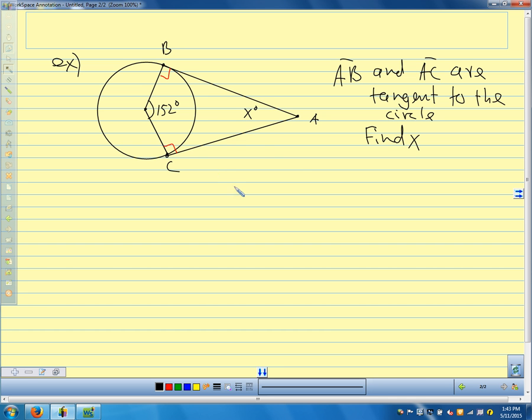Yep. So I can say 90 plus 90 plus 152 plus x has to equal 360. So 90 and 90 and 152 is 332.